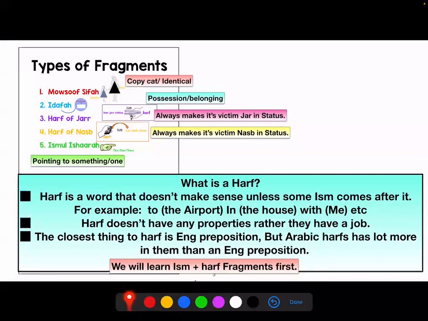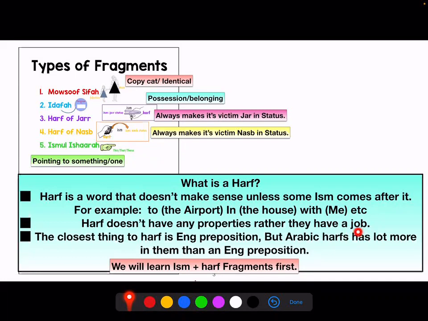And one more thing about harf is that they do not have any properties. Who has properties? Ism has properties, right? So ism has 4 properties: status, number, gender, type. But harf do not have any properties, rather they have a job.